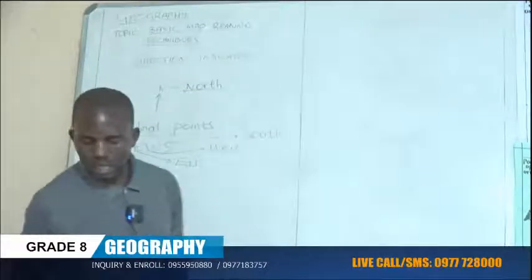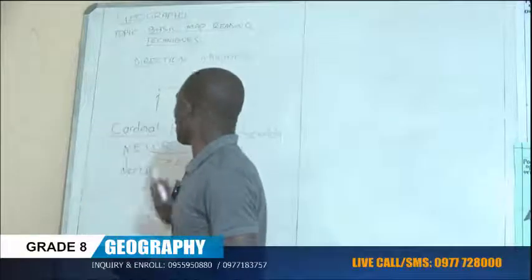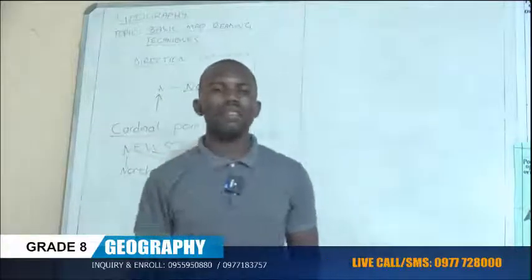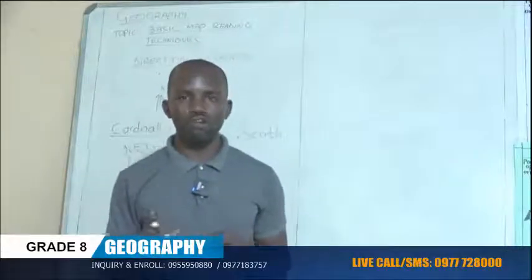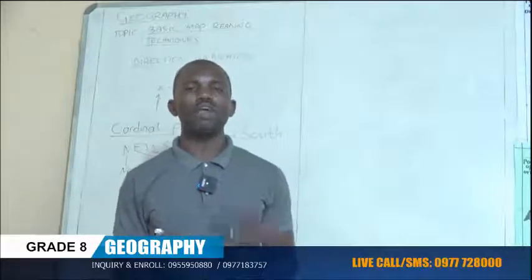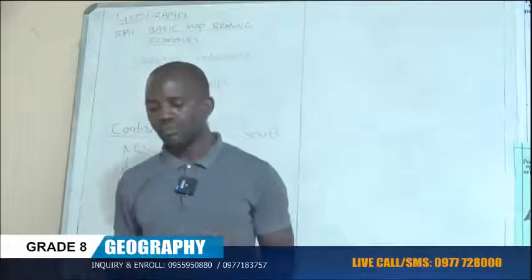So as you can see, we have all these four letters here, which represent the cardinal points, the most important points which must be taken note of by all of us on the globe, across the entire world.